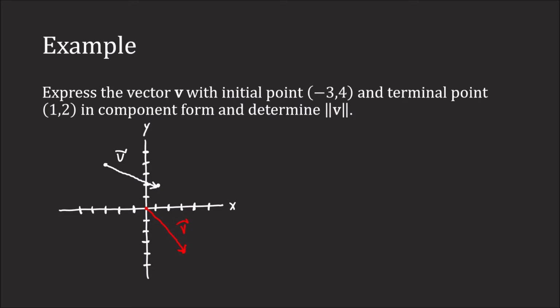So there is our vector whose initial point is at the origin. Well, now what I'm going to do is let's now form a triangle. So here's our right angle.